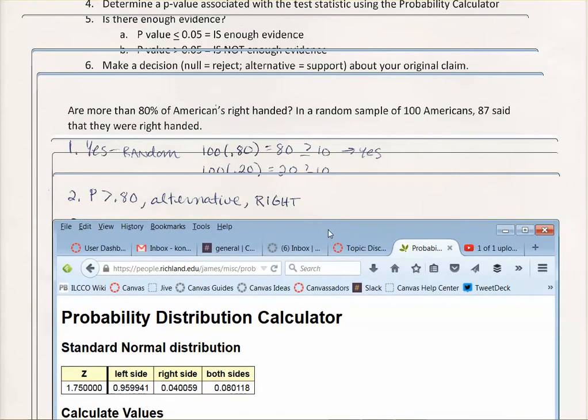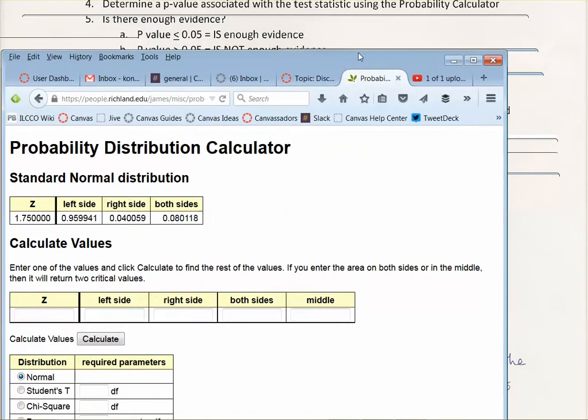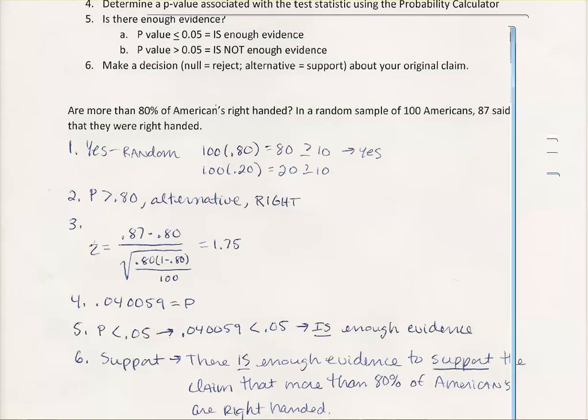Well, if you remember, we are looking for the right side, correct? Okay, so we come over here, and the right side is that answer right there, 0.040059. So there you go, 0.040059 is our p-value.